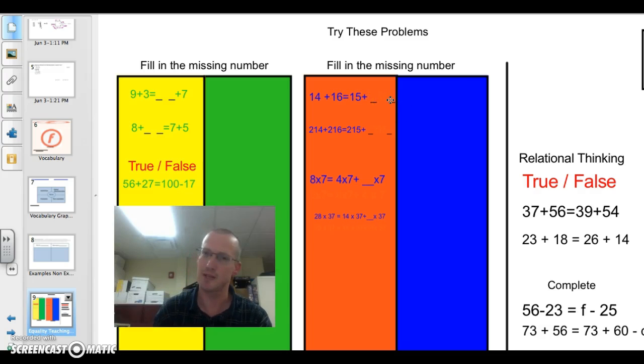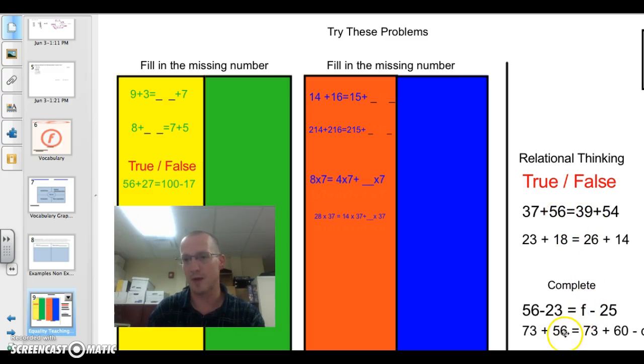Well, it has to be 15, because 15 is one number higher than 14. So it has to be 15, because 15 is one lower number than 16. That's that relational thinking. Down here you have this distributive property that this has to be a 4. And then going over here, relational thinking, 37 plus 56, is that equal to 39 plus 54? Well, 37 is 2 lower than 39, 56 is 2 higher, so that number is true.